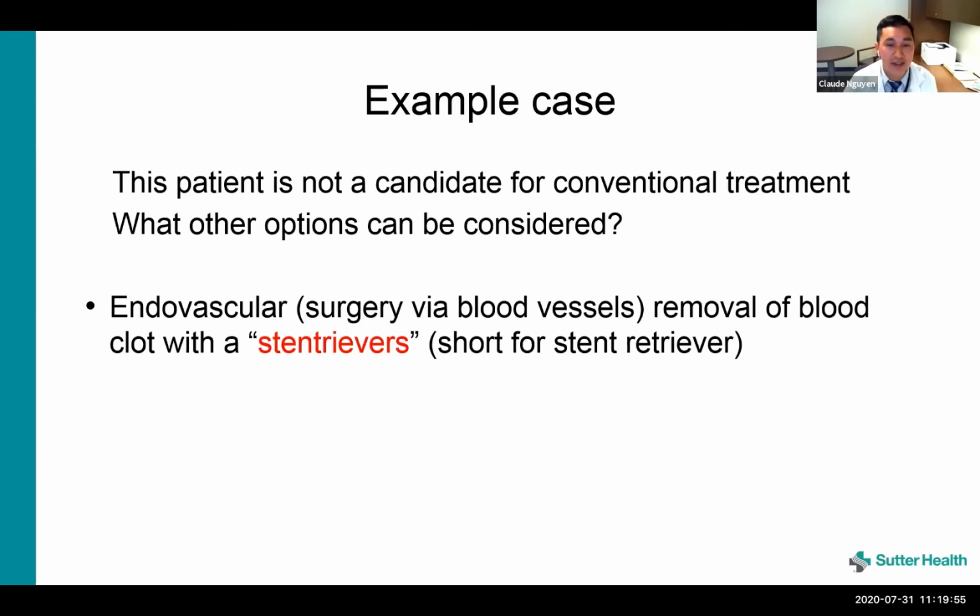And what that is, if we can identify a blood clot in the brain, an interventional specialist, an endovascular specialist, can actually take a catheter and go into the blood vessel all the way up into the brain to try to retrieve the blood clot with this really small catheter that has this Stentriever technology on it.